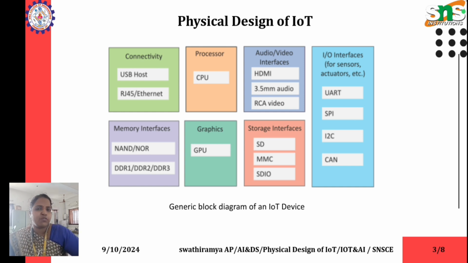It's widely used for data storage in IoT devices. Then MMC, multimedia card, is similar to the SD card. MMC is a type of memory card used for storage in portable devices. SD card and MMC card are well-known things.